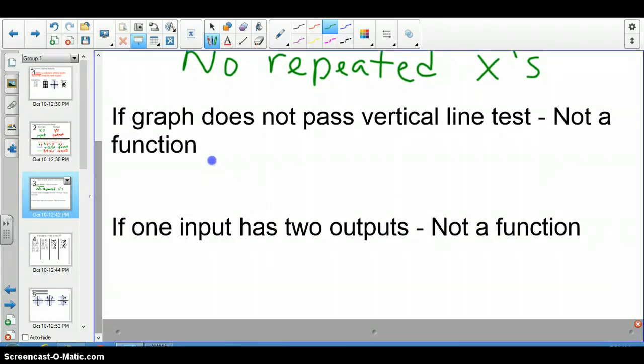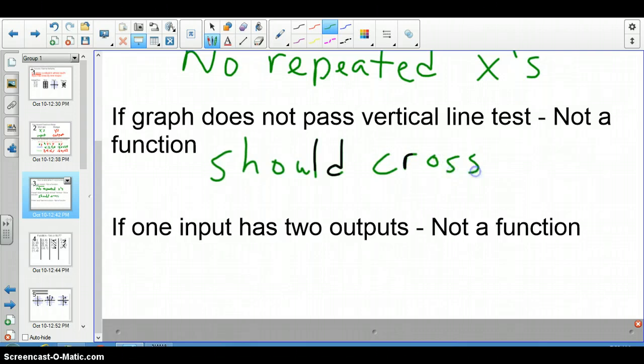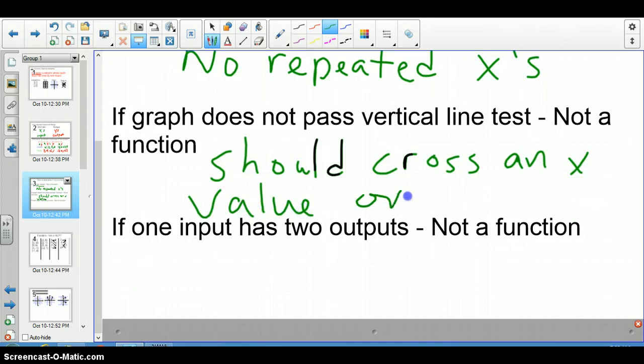It should only cross an x value one time. Then if one input has two outputs, it's not a function. So, that means that there's no repeated x's. So you want one x for every one y.